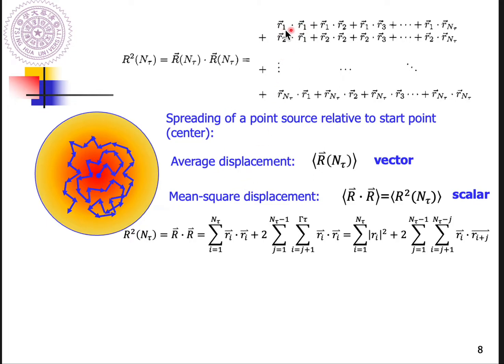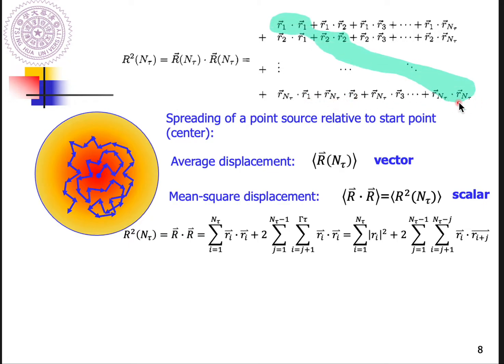If you dot it, you get these results: r1 dot r1, r1 dot r2, r1 dot r3 and so on until r1 dot r n tau. The second row will be r2 dot r1, r2 dot r2, r2 dot r3, and so on. Finally you get r n tau dot r1, r n tau dot r2, and so on.